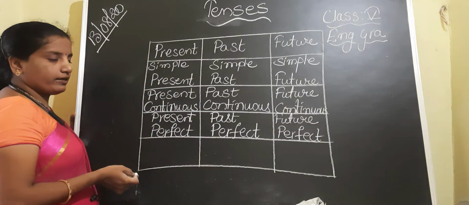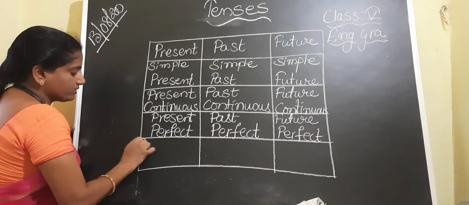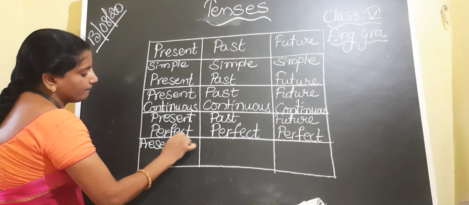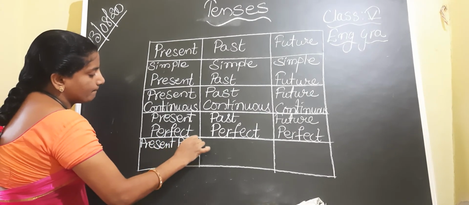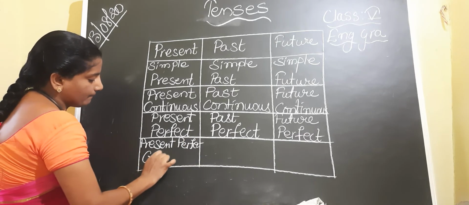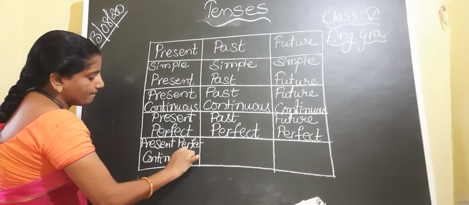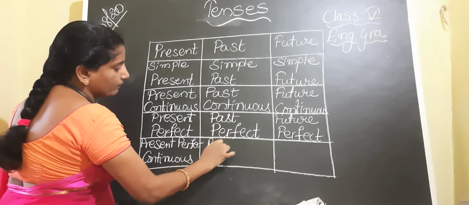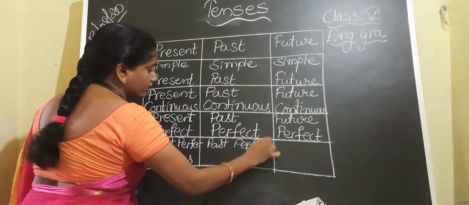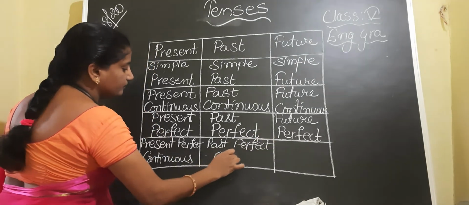Next children, all the perfect continuous tenses. See children, easily you can remember the names of the tenses in this way.